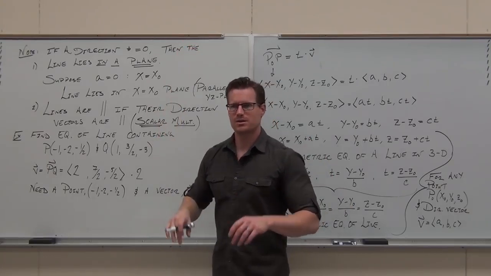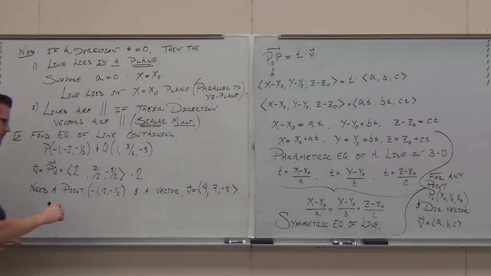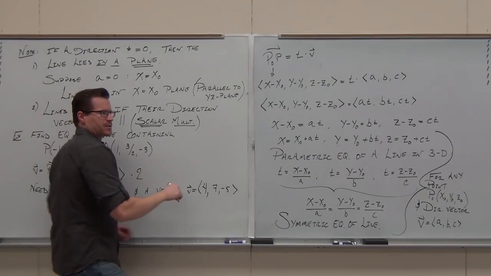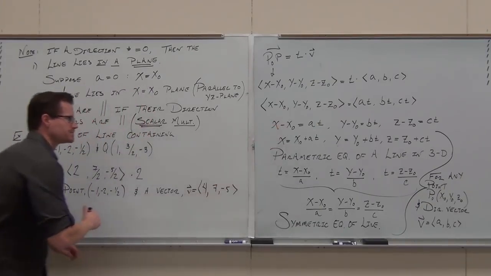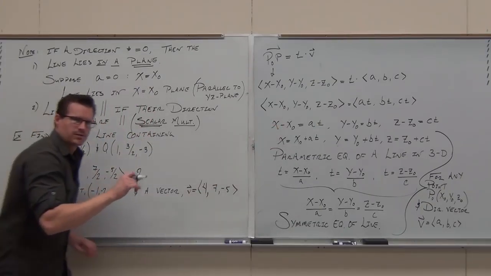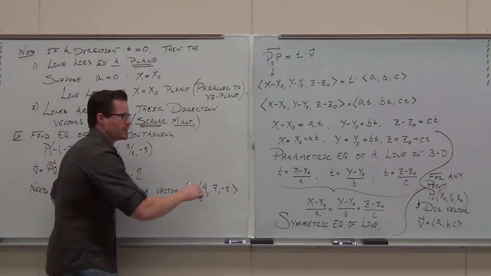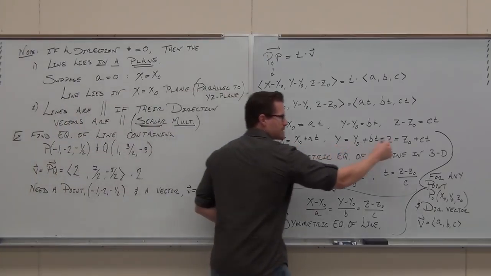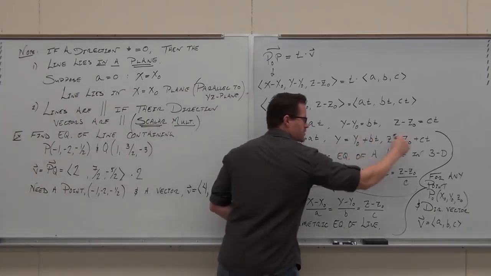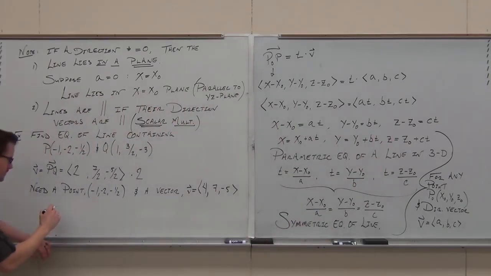Now I want to see if we can do this together. I'm going to write the equation of the line. I'm going to start with the parametric equation. Literally all you do, put your x, y, and z coordinates, put your direction numbers in the appropriate order.